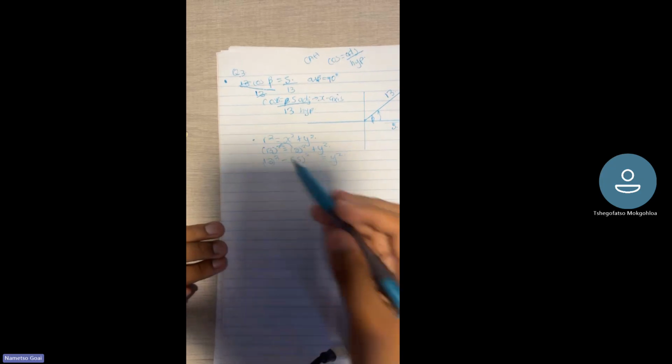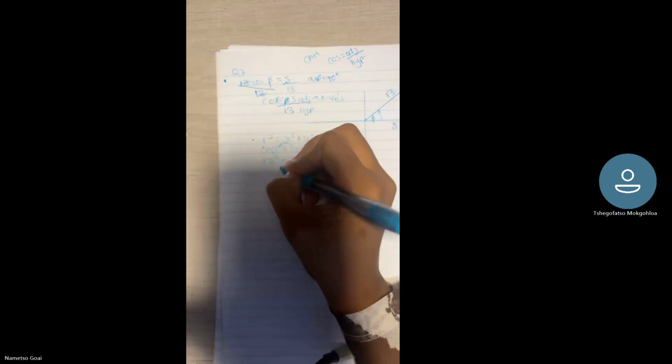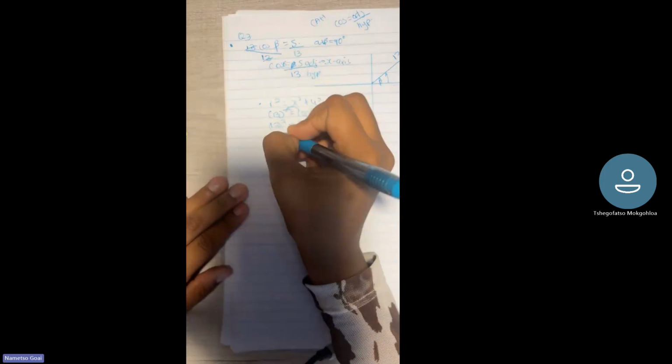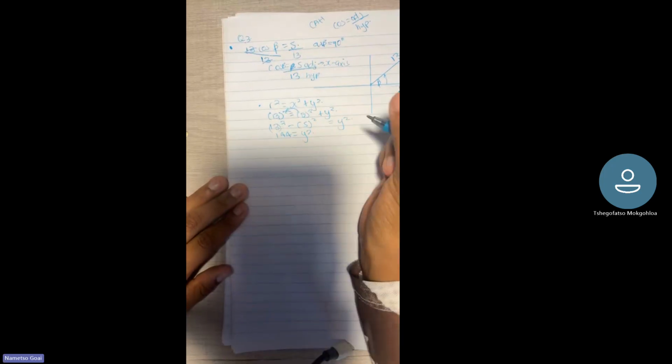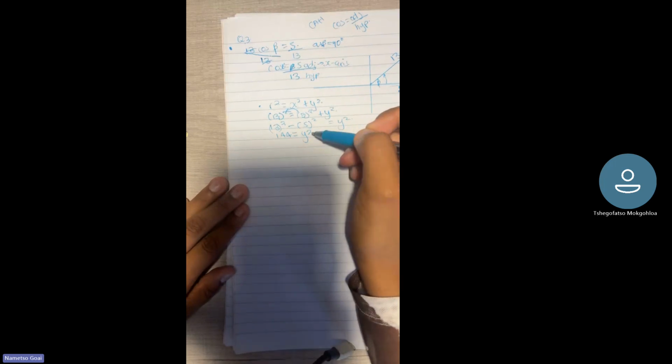Please put this into the calculator for us. 144. So 144 equals y squared. Now, because this is squared, it's still not y.